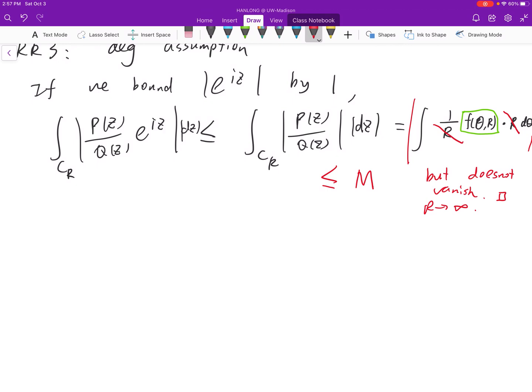If you are not convinced by this, go back to the original proof, when the degree of q is at least the degree of p plus 2. Then you will see.